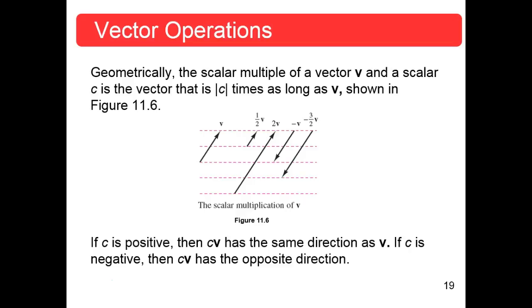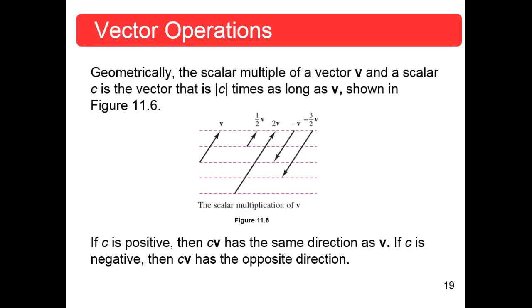So that's what it means to deal with a scalar. And these are very simple: 1, 1/2, 2, minus 1, and minus 3/2. You could have all sorts of multiples.